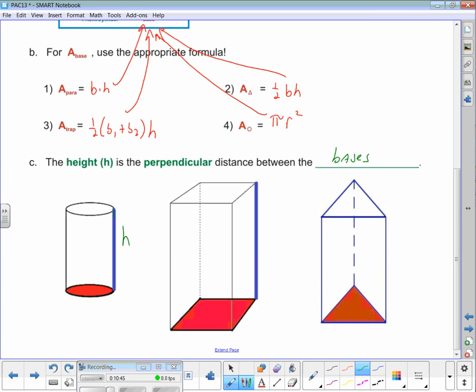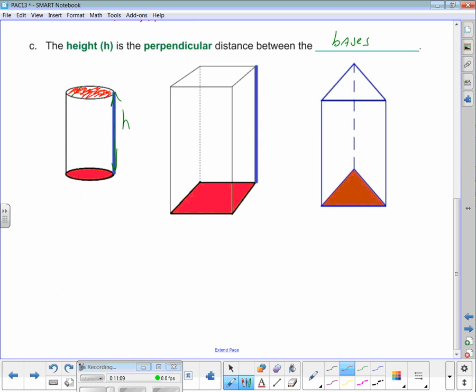It would be this distance, right? The perpendicular distance between the bases. Now, they didn't shade the top, but I wanted that to be red. We could color in that top, right? A cylinder has two bases, and the height is the perpendicular distance between those two bases.